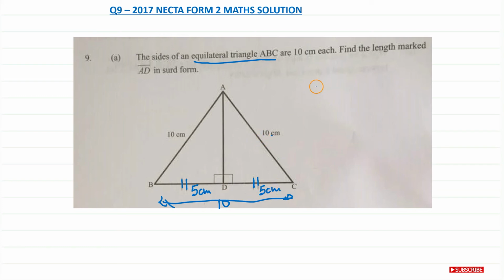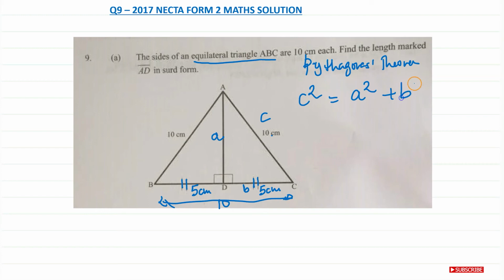So we can use the Pythagoras theorem. We can say this is our C, this is our A, and this is our B. So what do we have? C squared is equal to A squared plus B squared.